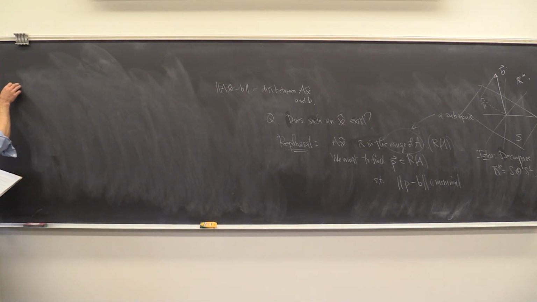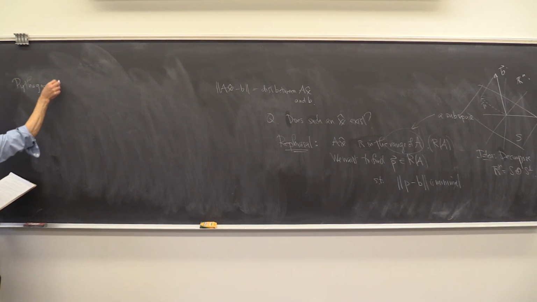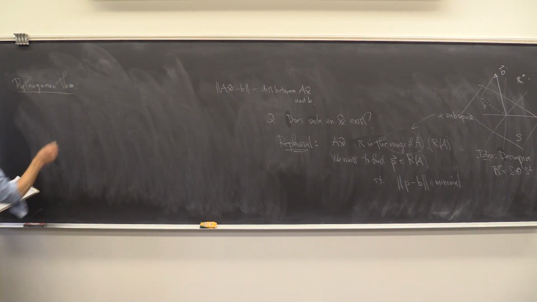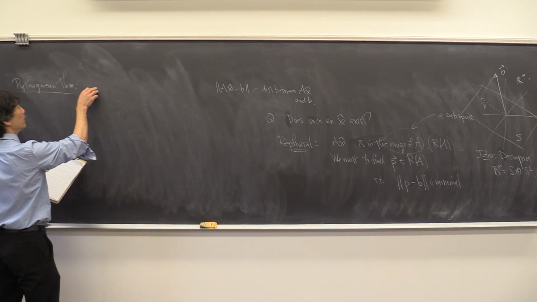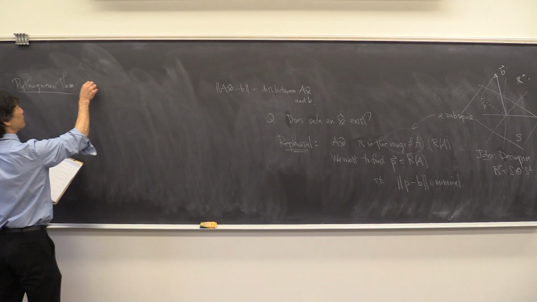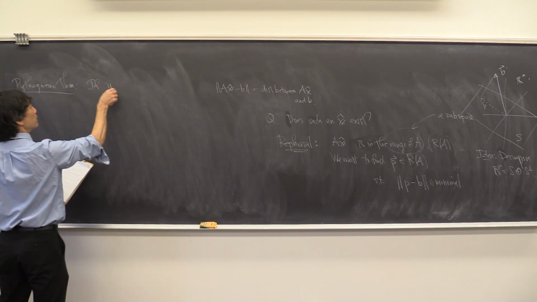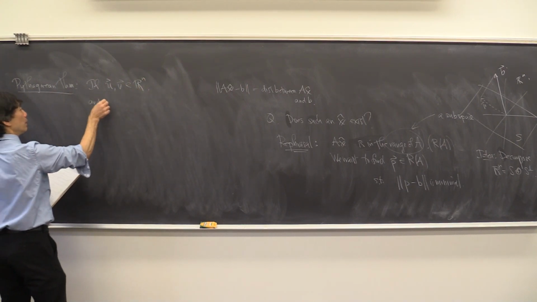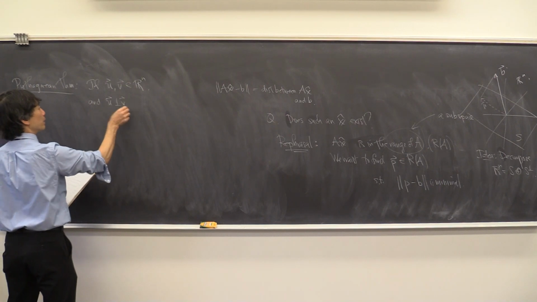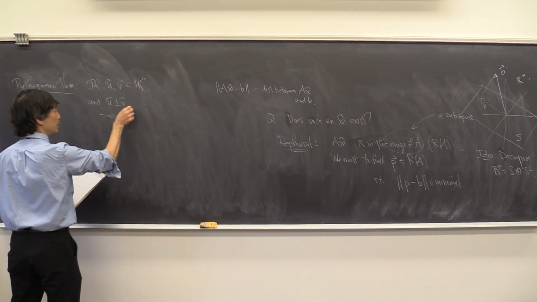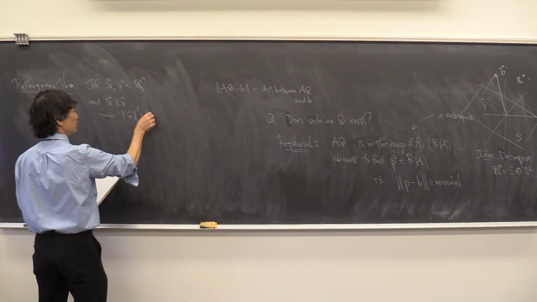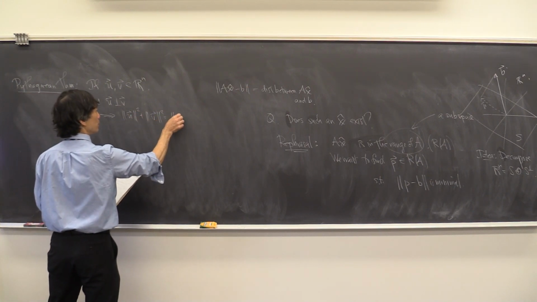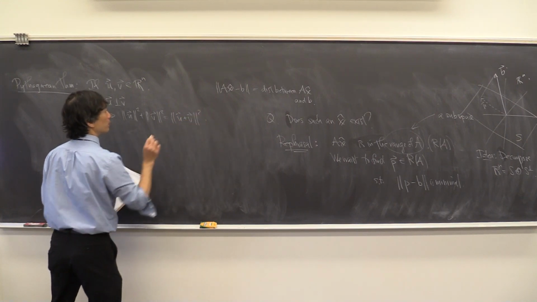Before we do that, let me remind us of the Pythagorean theorem. In the world of inner product spaces, it says that if you have two vectors, u and v in Rn, and u is perpendicular to v, then the magnitude of u squared plus the magnitude of v squared equals the magnitude of u plus v squared.